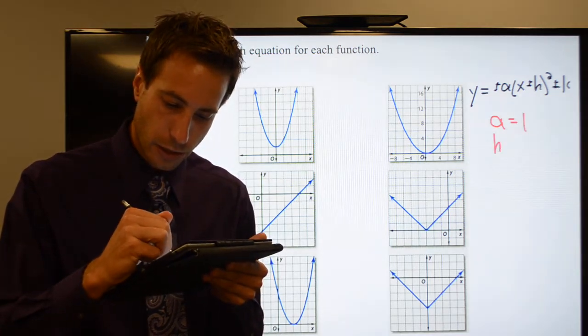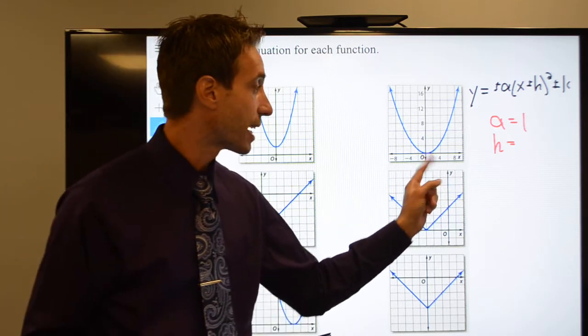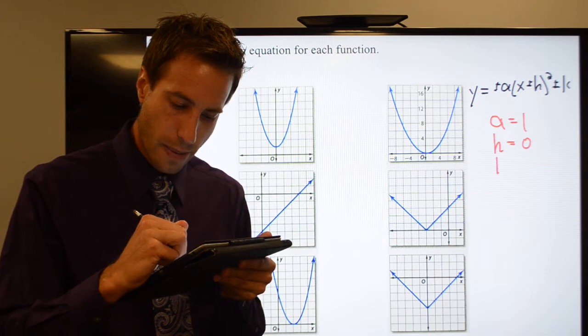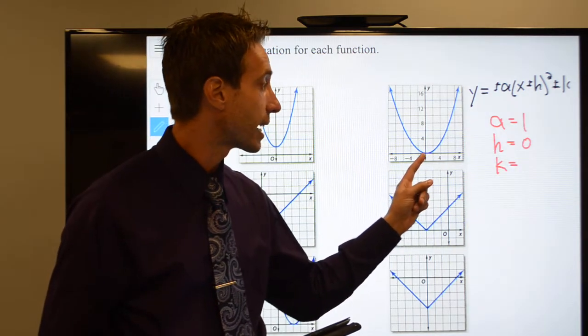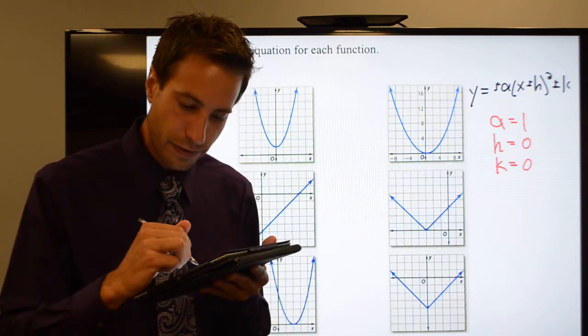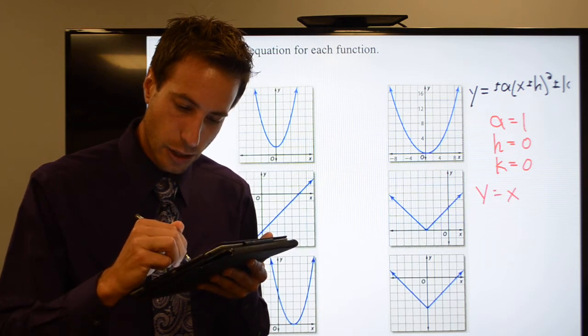H. Do I have a horizontal shift? I don't. The vertex is at x equals 0, so there's no horizontal shift. What about k? Is there a vertical shift? Well, again, the vertex of the parabola is at 0. There is no vertical shift, and so when I write my equation, y equals x squared.